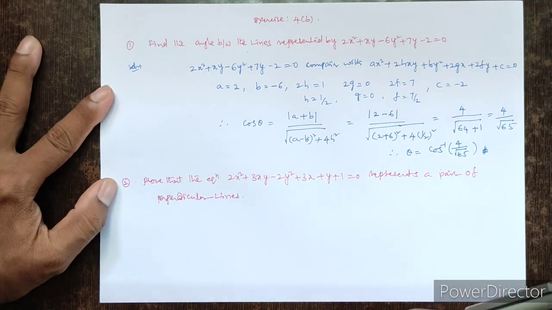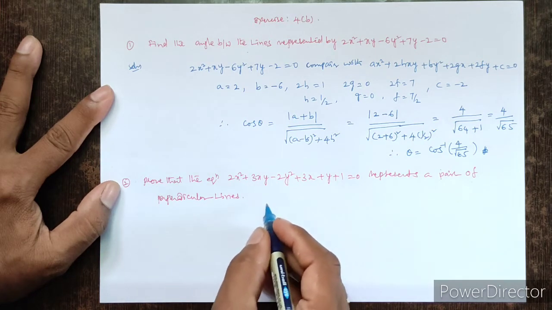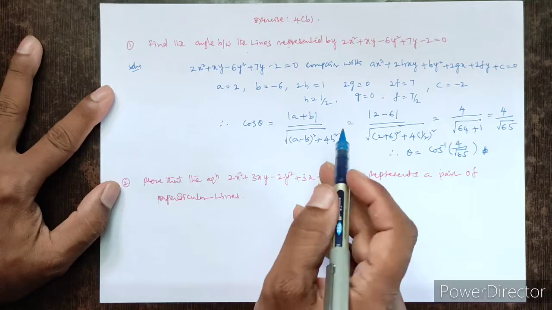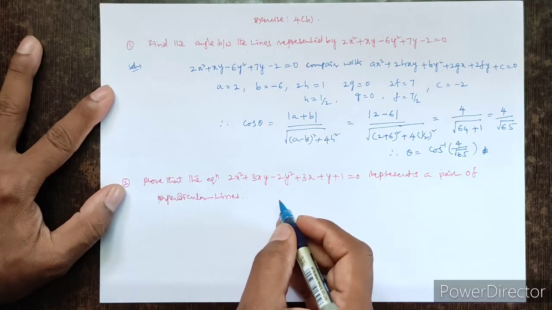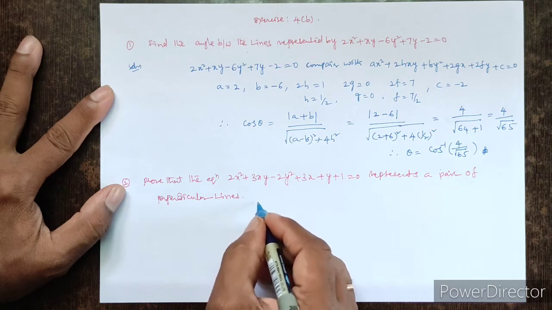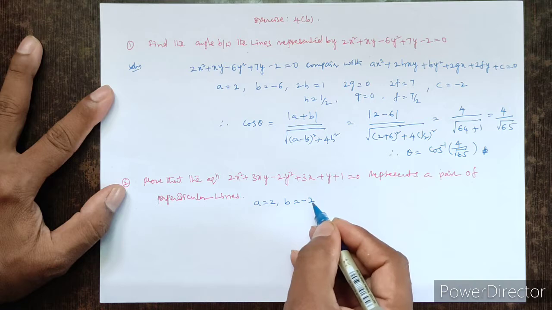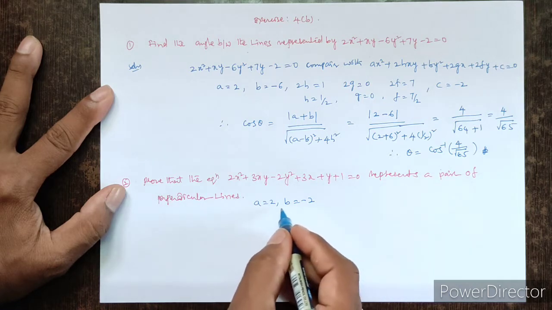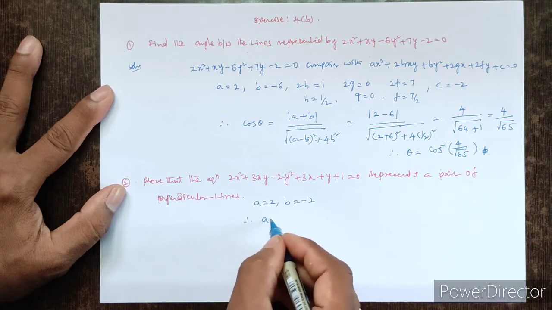Perpendicular means theta, the angle between the two lines, is 90 degrees. Here we compare with the standard non-homogeneous pair of straight lines equation. Then we get a equal to 2, b equal to minus 2. Of course, from observation we can get a plus b.